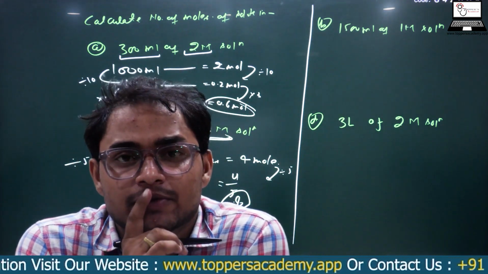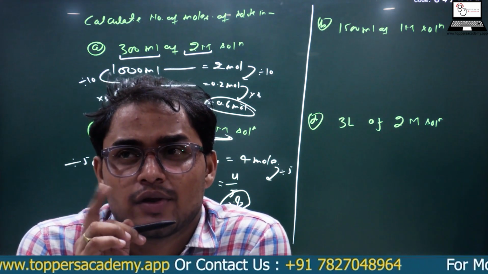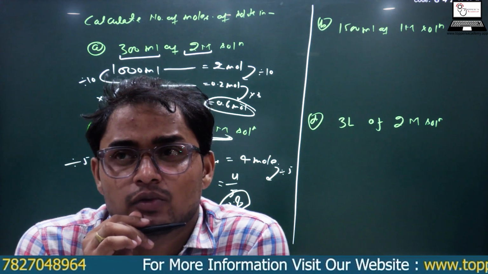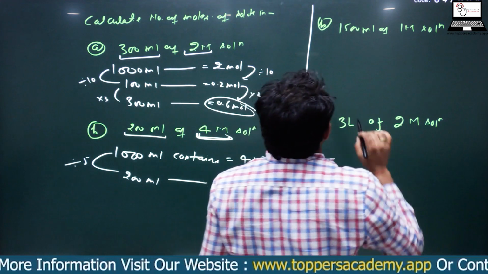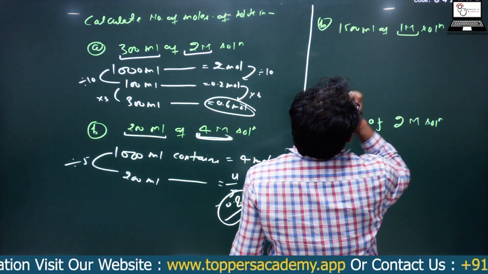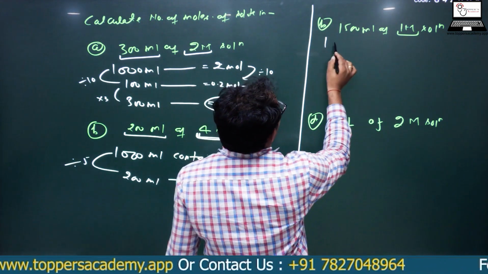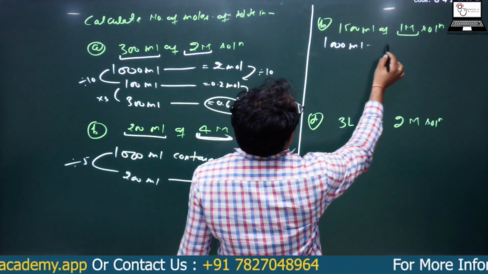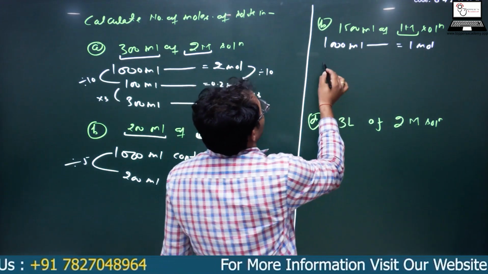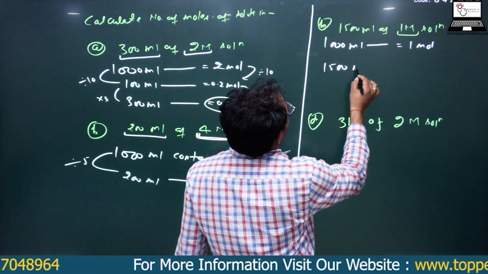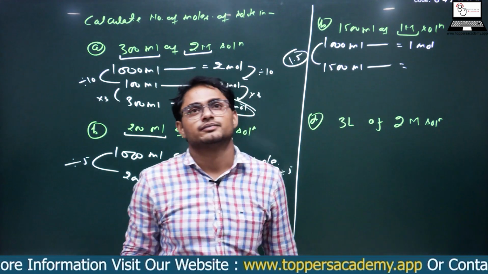So how to solve this problem, my dear students? See, we will have to calculate the moles of solute in 1500 ml of a solution whose molarity is 1 mole per liter, right? So listen, 1 mole per liter, so that means I can write 1000 ml contains 1 mole of solute. So for 1500, my dear students, you are going to multiply by 1.5.